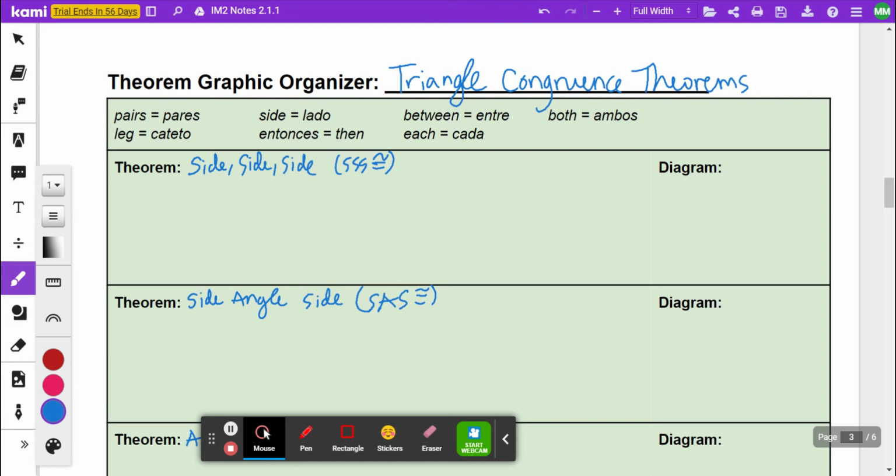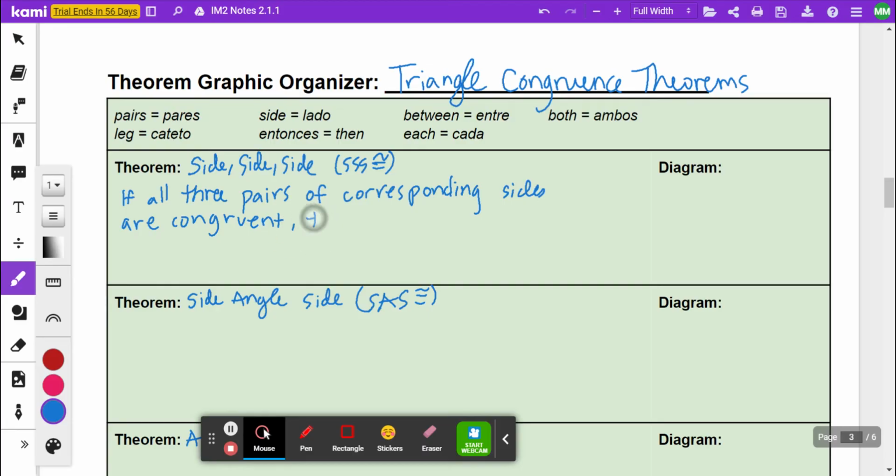Side, side, side congruence. If all three pairs of corresponding sides are congruent, then the triangles are congruent.